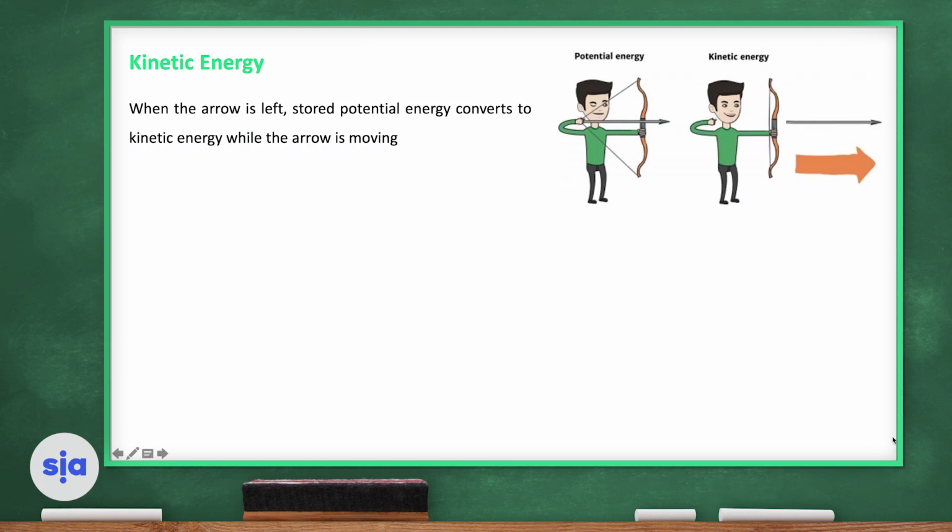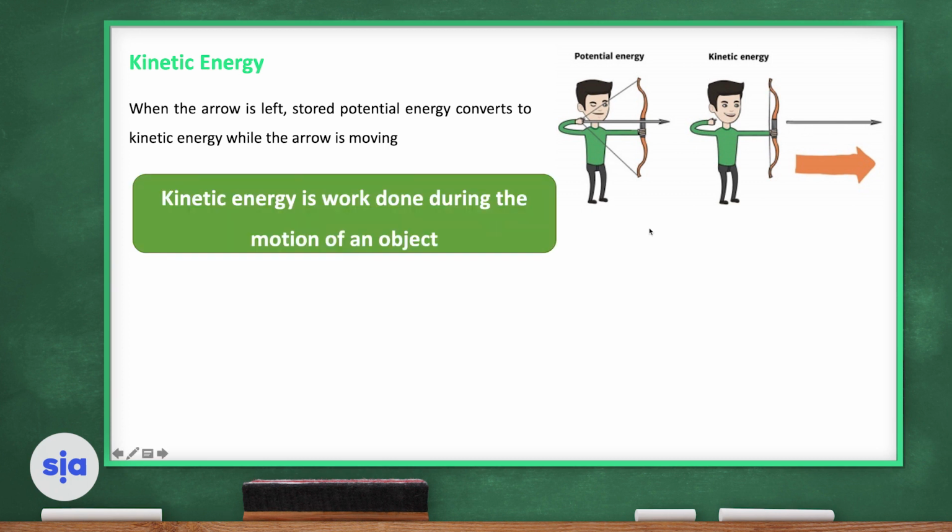You remember when the bowstring was drawn backward, then potential energy was stored in the arrow and the strings, of course. When the arrow is left, the stored potential energy converts to kinetic energy while the arrow is moving. So kinetic energy is work done during the motion of an object.